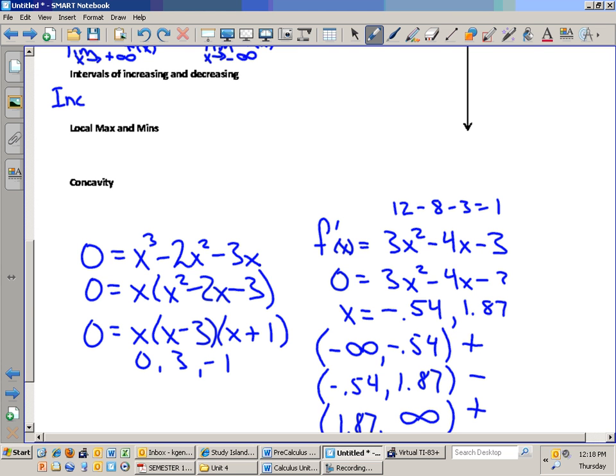I'm going to write increasing for negative infinity to negative 0.54, and from 1.87 to infinity.